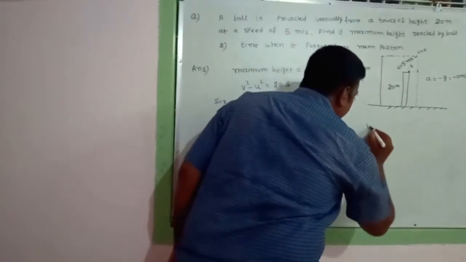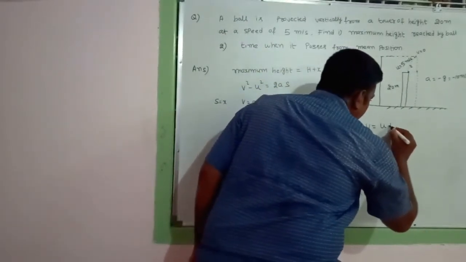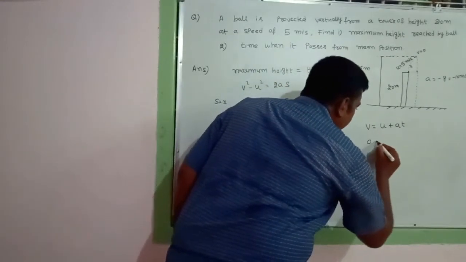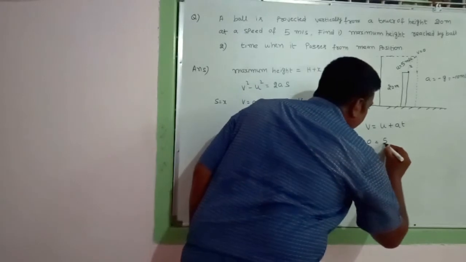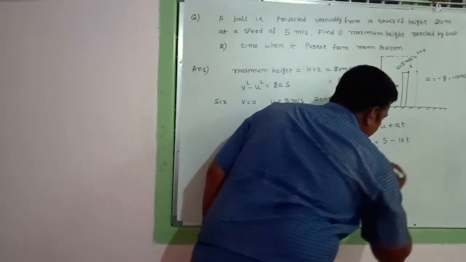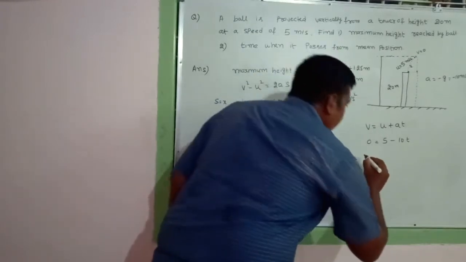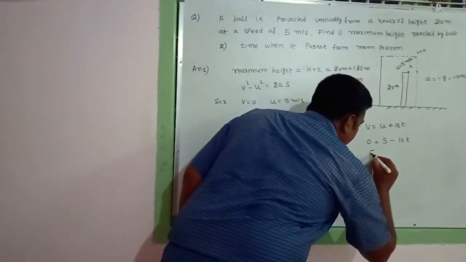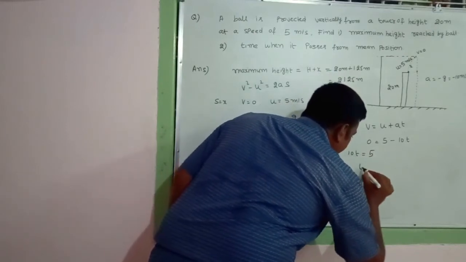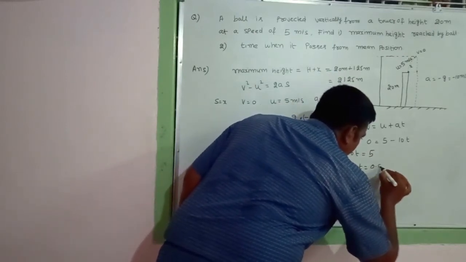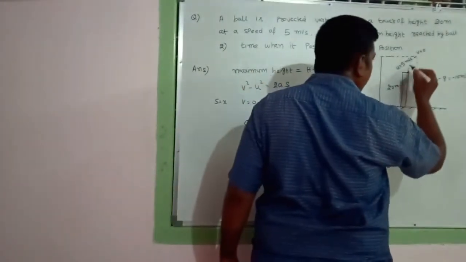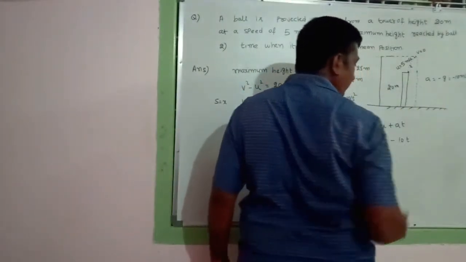With the help of v equals u plus at, the final velocity is 0, u is 5, and a is minus 10, so 10 into t equals 5, t equals 0.5 seconds. To move from this point to this point, it takes 0.5 seconds.